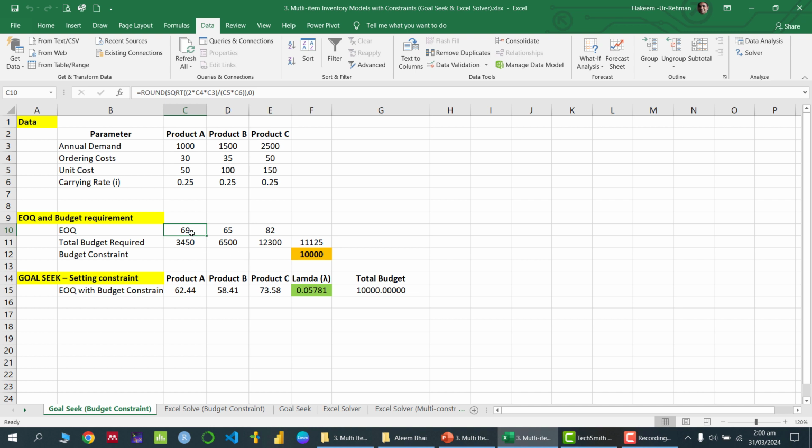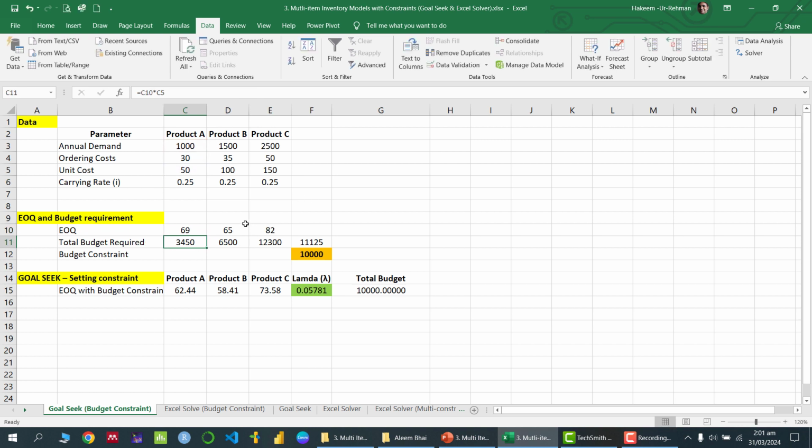Over here is ROUND, because we want to find the economic order quantity up to 0 decimal places. Then square root, then 2 multiplied by C naught into D, which is basically 30 into 1000, that is C4 into C3. And then I into C, the unit cost, which gives the carrying cost, 0.25 multiplied by 50.